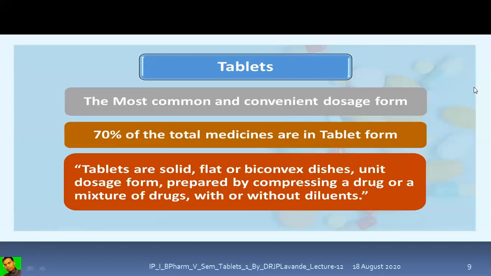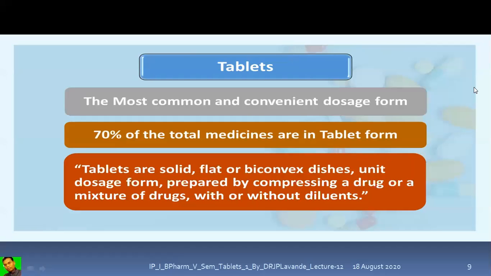The tablet might be with or without diluent. Diluents are the agents which are added in order to form the bulk or to impart specific properties, functions and characteristics to the tablet. And how are these prepared? These are prepared with the help of the compression method, right?